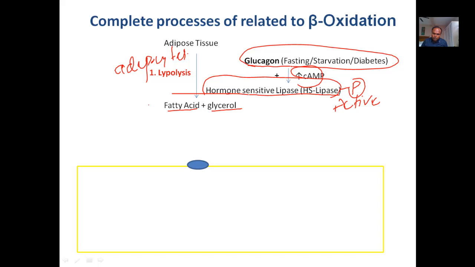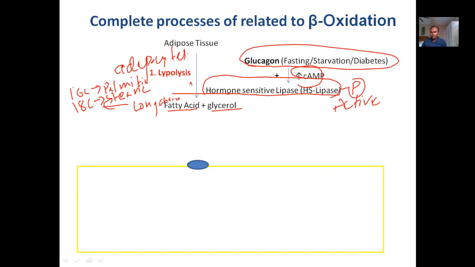So what is the major fatty acid in our cell? Long chain fatty acid is the main fatty acid. What are those long chain fatty acids? One is palmitic acid, the 16 carbon palmitic acid, and the second is the 18 carbon stearic acid.